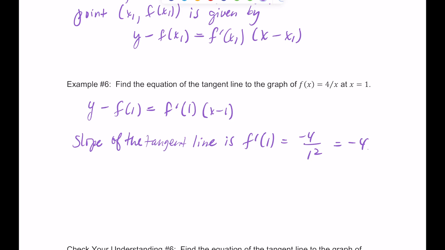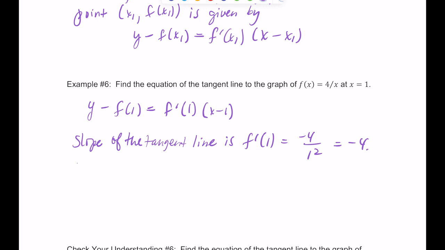Okay, and since f prime of 1 equals negative 4, we're looking for the tangent line to f of x at the point 1, 4.